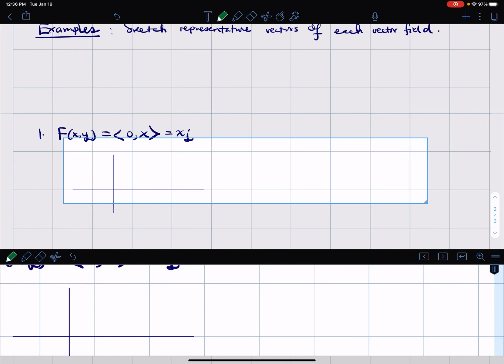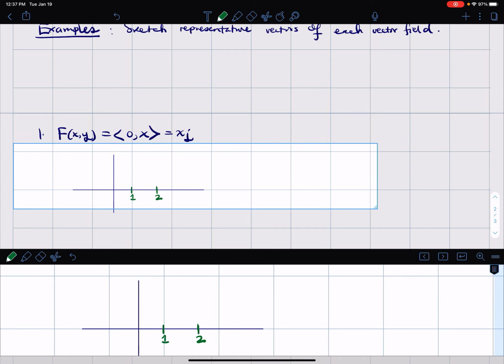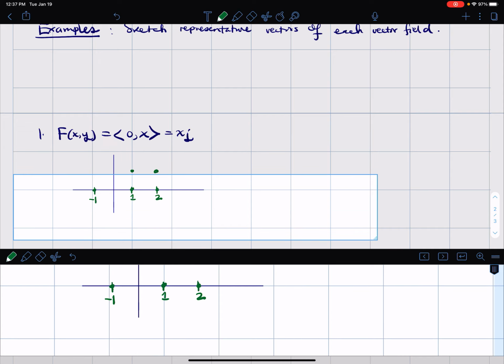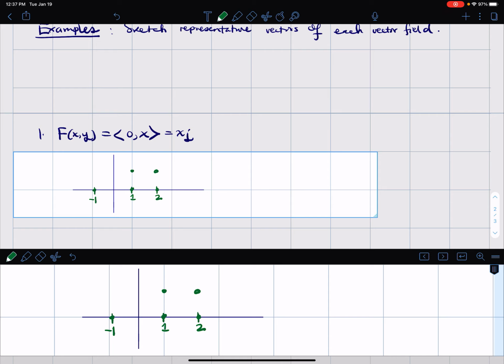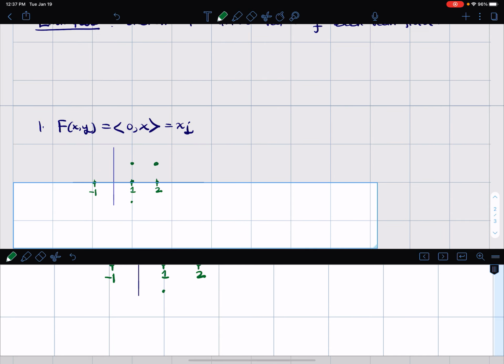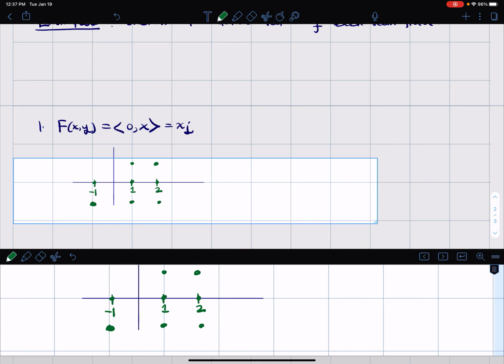Pick the point 1, 0. Pick the point 2, 0. Let's pick another point, negative 1, 0. And then let's pick the point 1, 1 and 2, 1. And then let's pick 1, negative 1, 2, negative 1, negative 1, negative 1, and negative 1, 1.